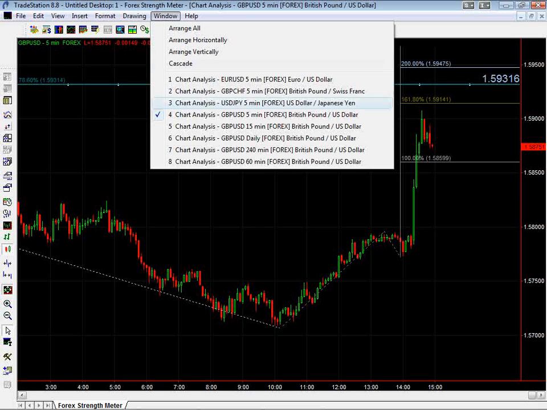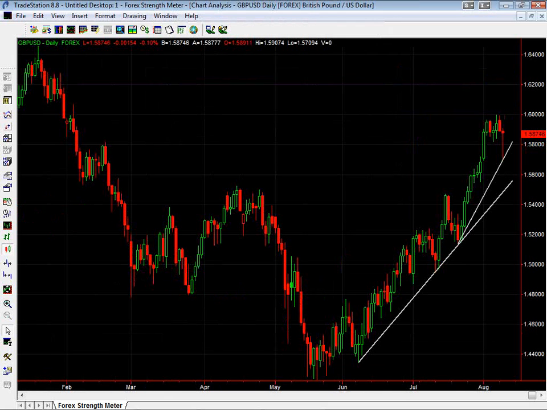I made a top-down analysis. I looked at the daily chart. The daily chart gives me an uptrend. However, we are seeing a topping out formation. There could be two things. If it's a topping out formation, maybe it falls back to this trend line and wants to continue forward, or there is a new shift in the trend line.